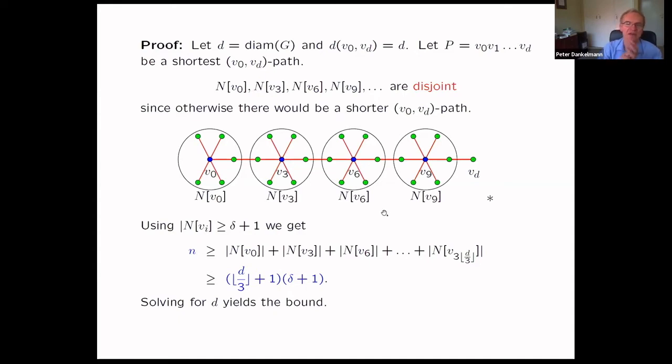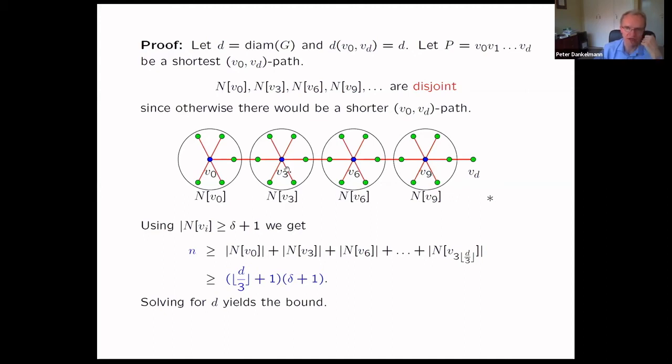So what I have here is I picked about d over 3 vertices, roughly, and each of these gave me a set of at least delta plus 1 vertices, because my minimum degree is delta, and I count the vertex v0 itself in the closed neighborhood.